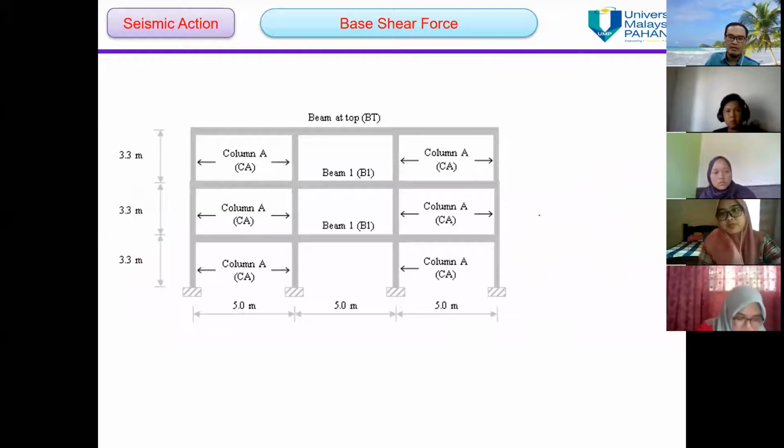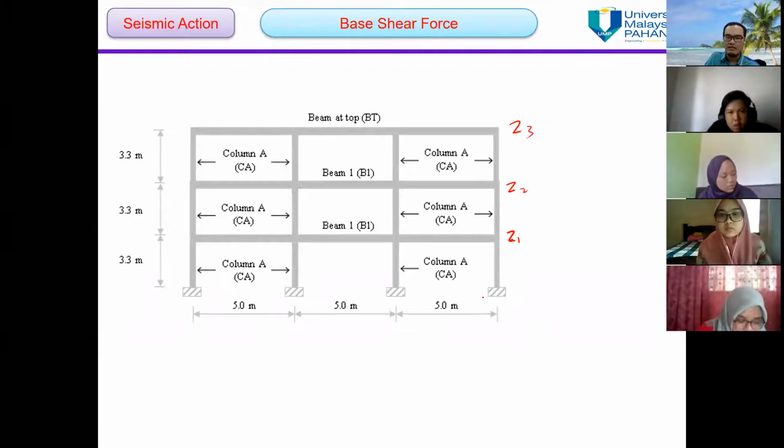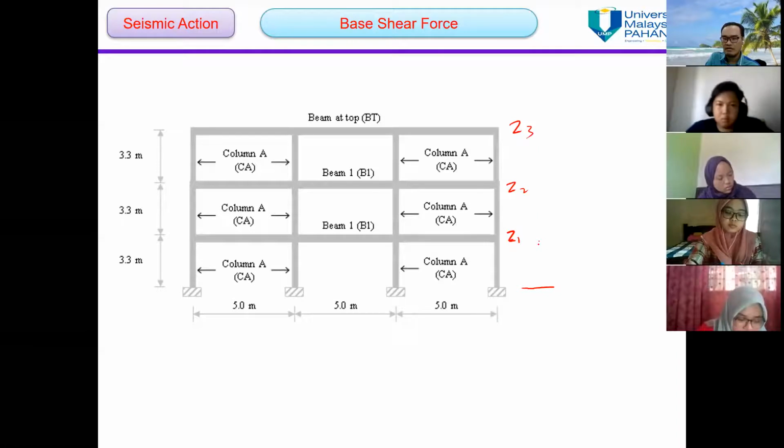Okay, let's say we have a 3-story building. So this is Z number 1. Let's say i is the number of the story. This is Z1, this is Z2, and this is Z3. So Zi is the total height of the first story from the rigid basement.